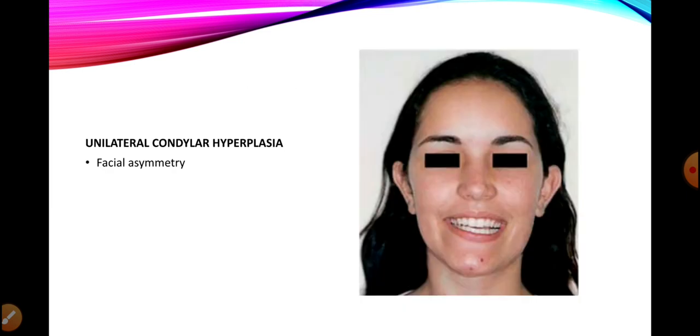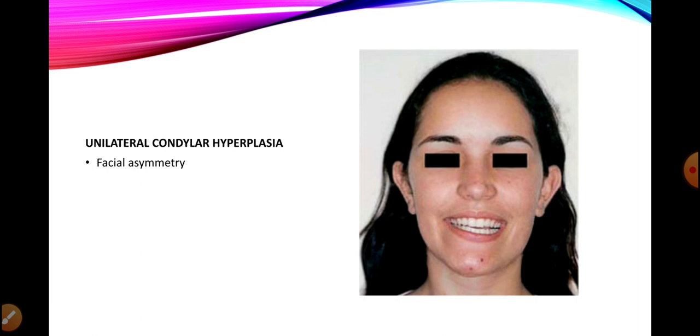So lastly, a factor involved in posterior open bite is unilateral condylar hyperplasia. In unilateral condylar hyperplasia, there is excessive growth at one condyle. That is usually idiopathic in nature and involves girls in the late teens.